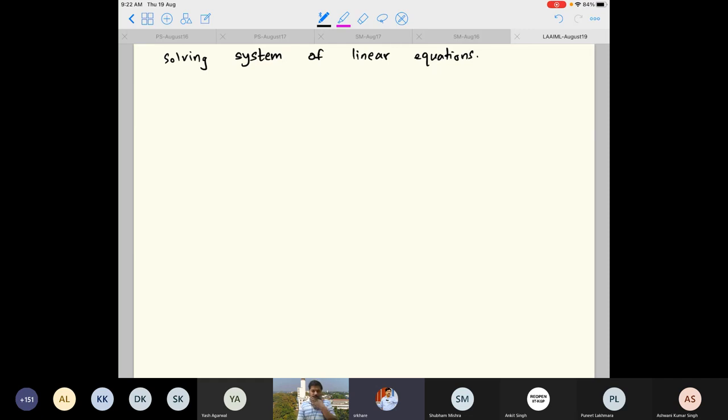So, solving system of linear equations. This is one of the most important problems that you will encounter, and using this we will see. The first thing to be understood is what is given.